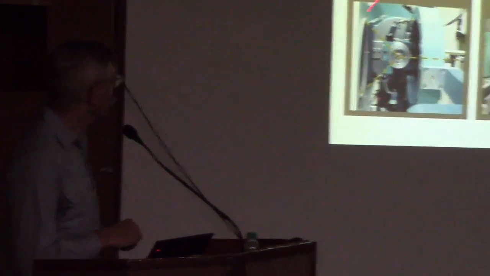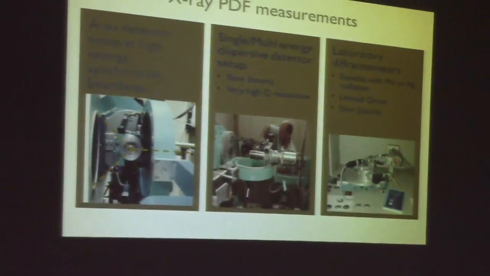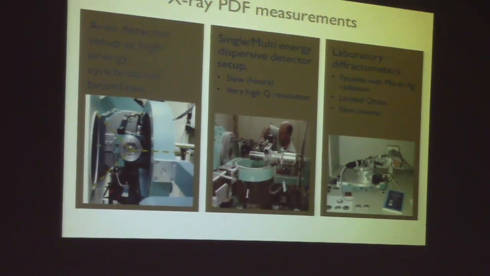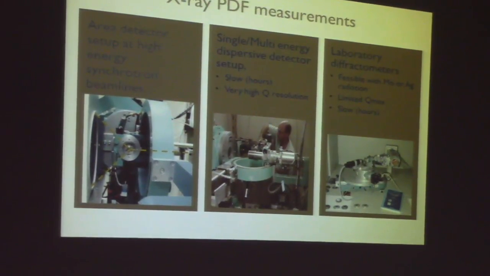This is actually our preferred way of collecting data most of the time. Of course, in order to do this, you have to have a synchrotron, and if you don't have a high-energy synchrotron, it's a little bit difficult. Now, there's no high-energy synchrotron in India, but you can make use of synchrotrons around the world by applying for beam time.